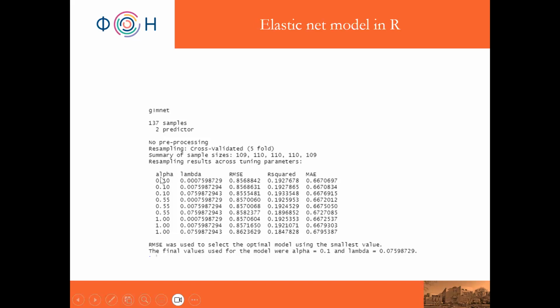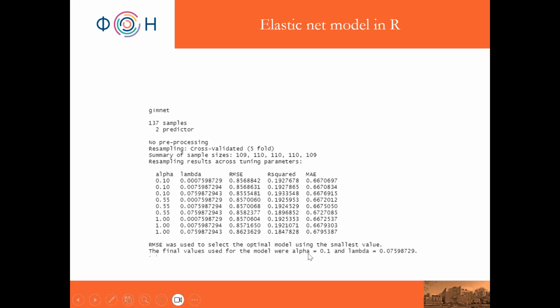provided. So for different values of alpha, different values of lambda, we have obtained different mean square error and root mean squared error. So also the analysis tells us which is the best model we created.